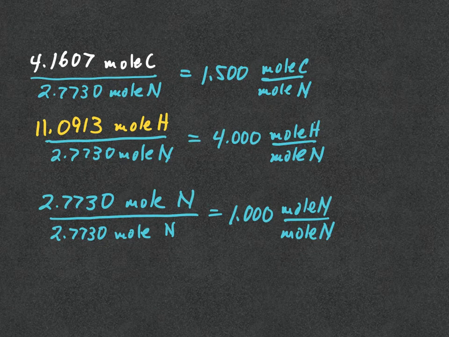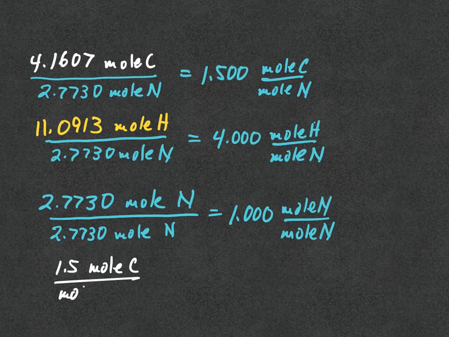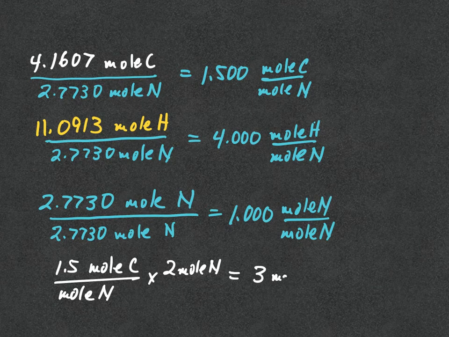So if we take our 1.5 moles of carbon per mole of nitrogen and multiply that by 2 moles of nitrogen, we get 3 moles of carbon, right?